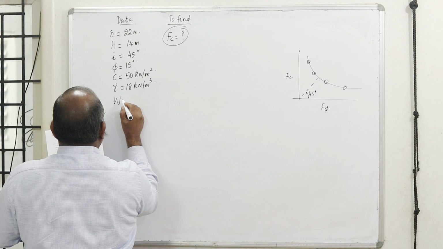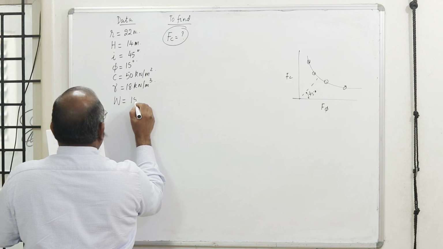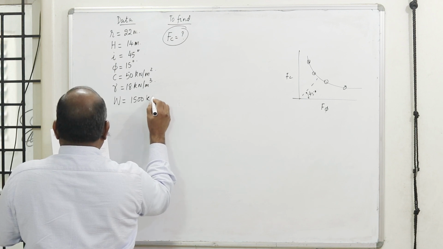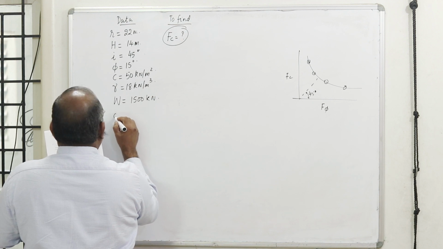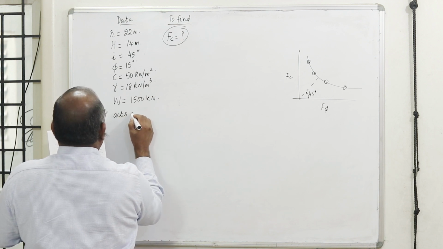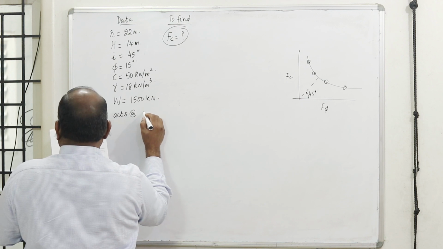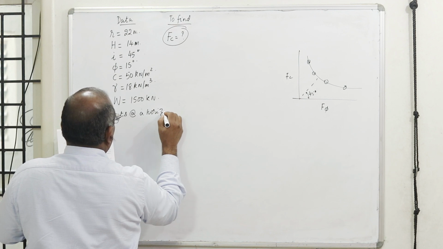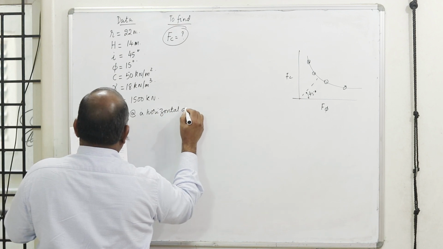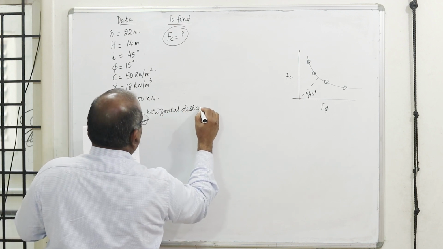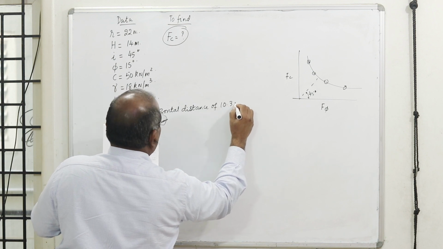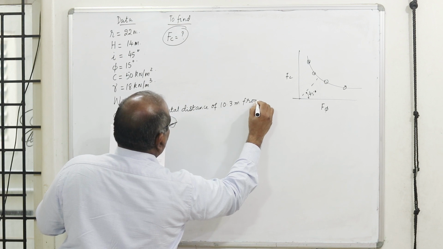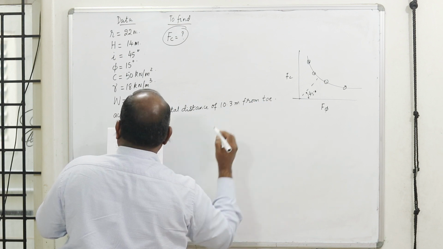The weight of the wedge is 1500 kilonewton and it acts at a horizontal distance of 10.3 meters from the toe. So this is the information given.